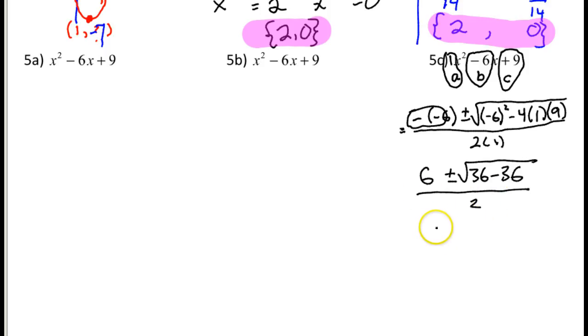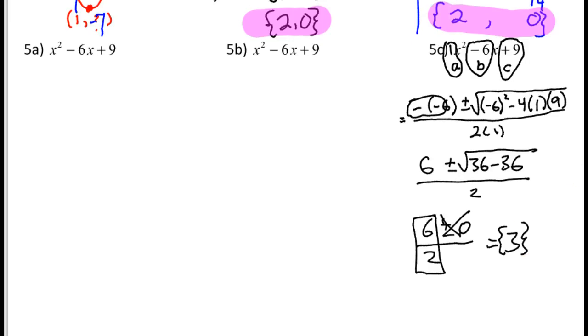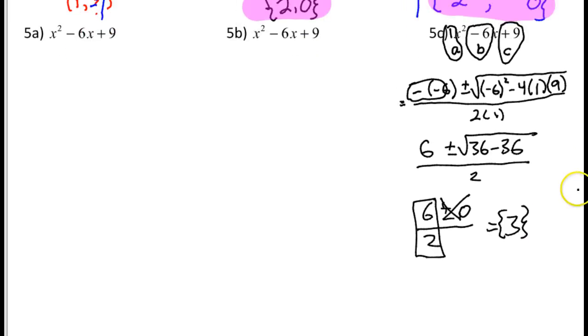All over 2. So the discriminant here equals 0. Yeah. The square root of 0 is 0. So our answer is just 6 over 2, which equals 3. Only one answer? Only one answer. And recall, when the discriminant equals 0, there should be only one answer.